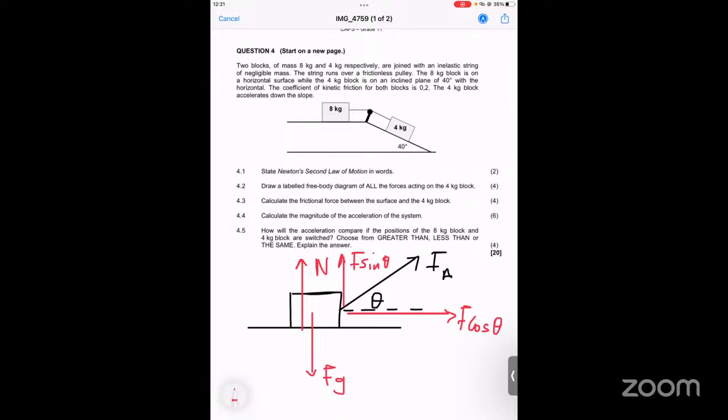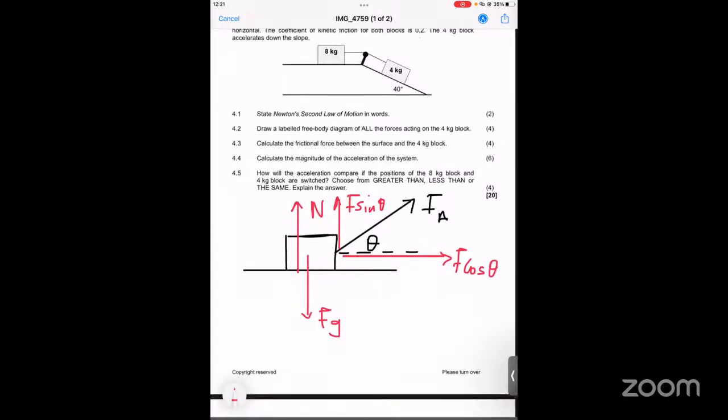Yes, I agree. Yeah, so that means in this case, it will depend on the statement if we have a frictional force. That's if the surface is rough. If the surface is rough, then the frictional force will exist on that one.